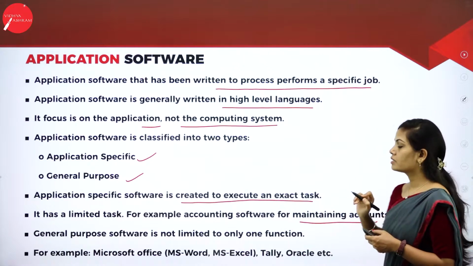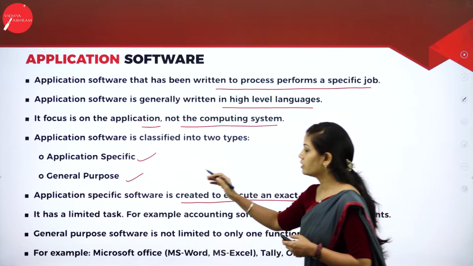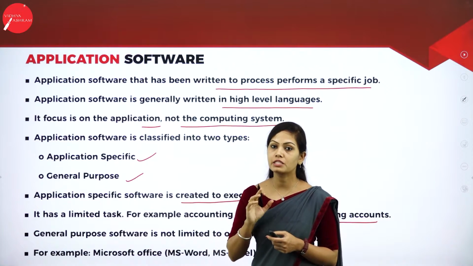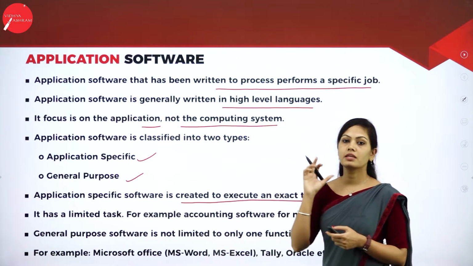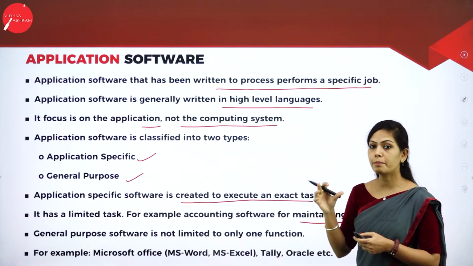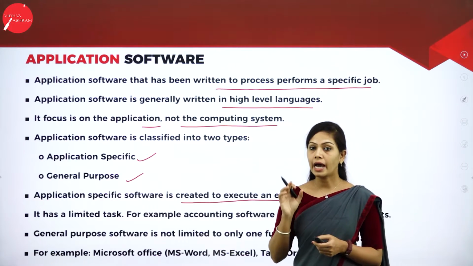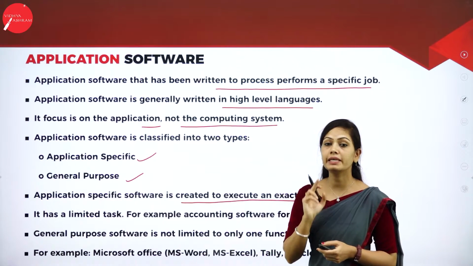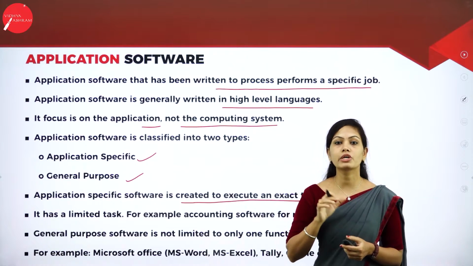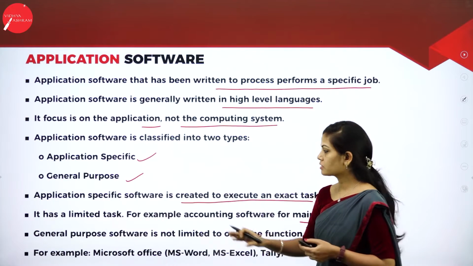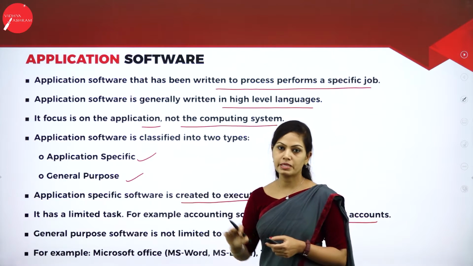So accounting software is an example of application specific. It is created to execute an exact task, and application specific has a limited task. It is prepared only for the particular task. This is called application specific.